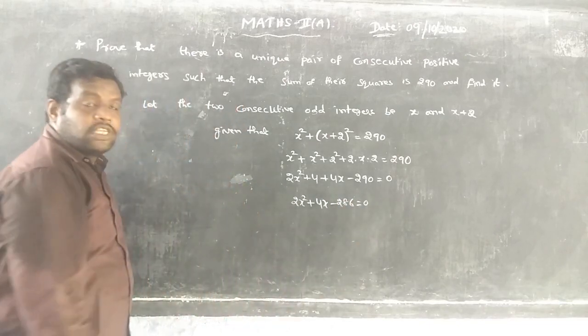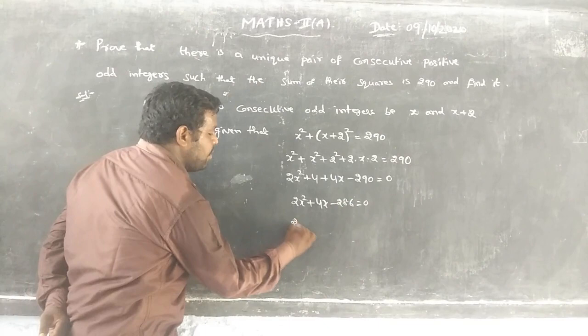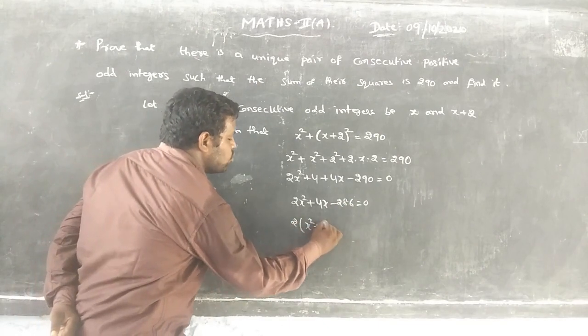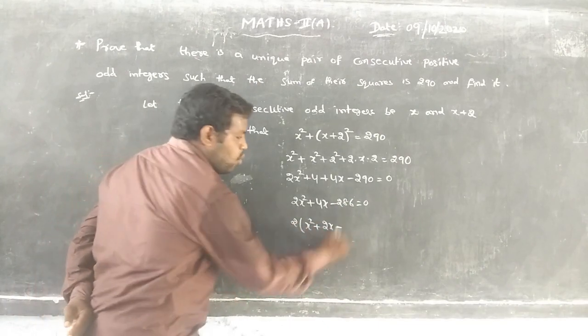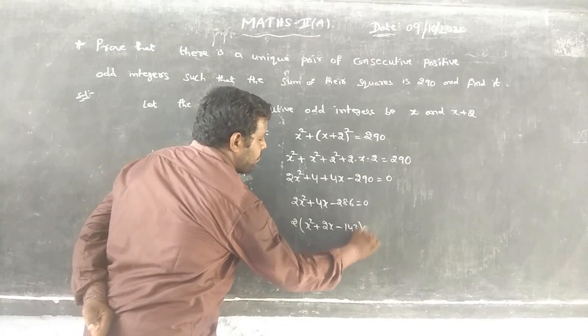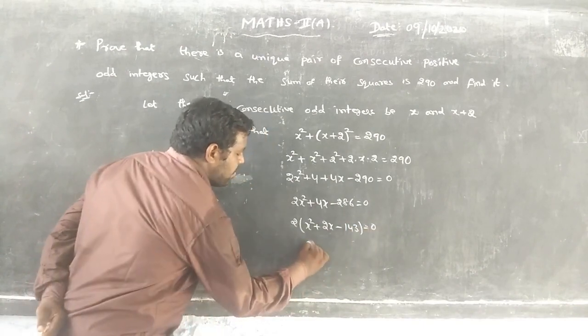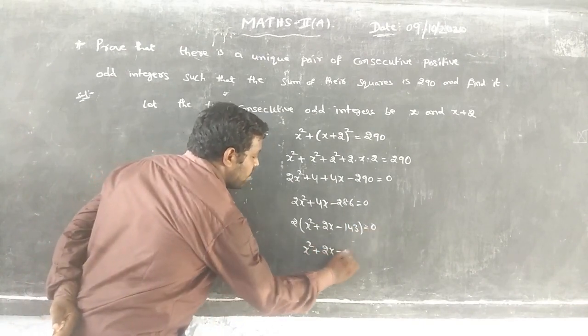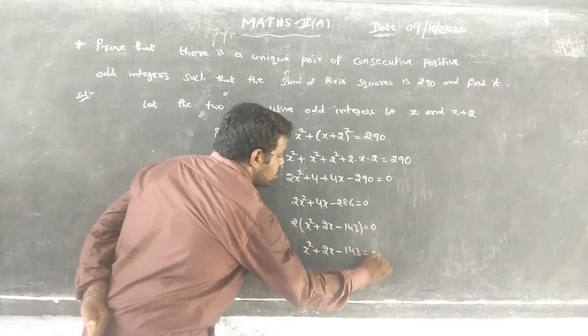In this equation, 2 is the common term. X square plus 2x minus 143 is equal to 0.